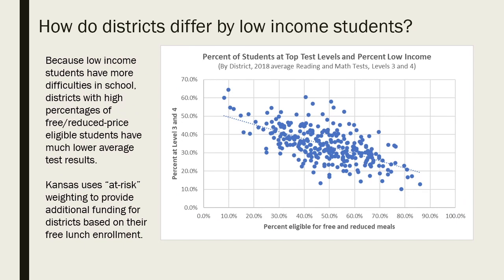Because low-income students have more difficulties in school, districts with high percentages of free or reduced price eligible students have much lower average test scores and therefore many more students scoring below proficient thresholds. Kansas uses at-risk weighting to provide additional funding for districts based on their free lunch enrollment.